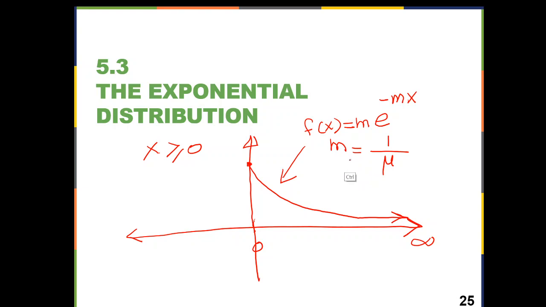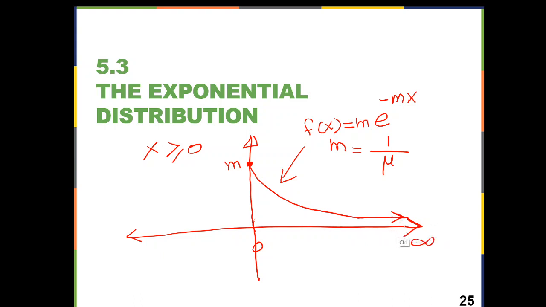And the mean of the distribution, we are either given the mean or we are given this number. Either way, we can find it. And this number right here is actually m. So we start with m, and it goes to 0 gradually all the way to infinity.